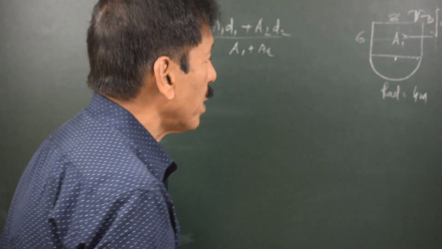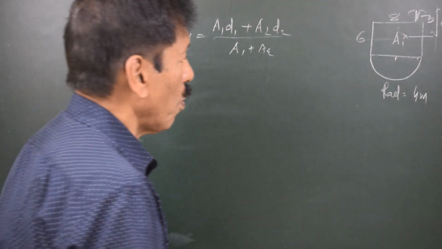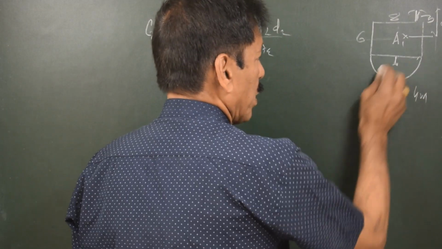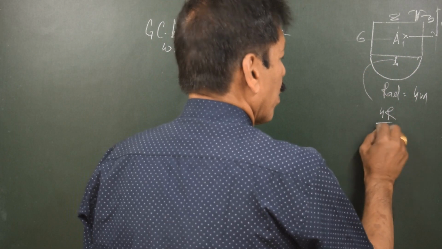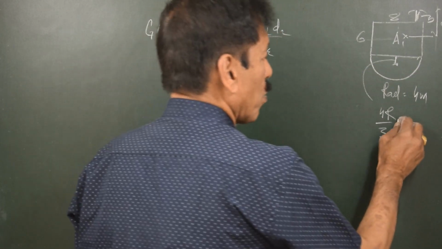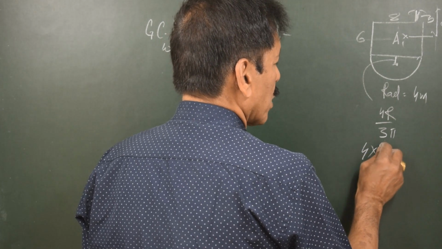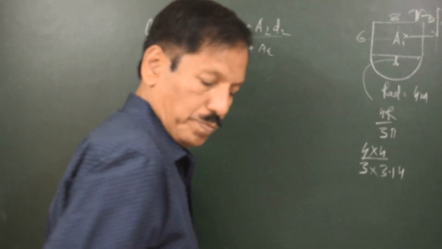We had discussed earlier the formula for the centroid of the semicircle from the diameter. This particular distance is 4r by 3 pi. So in this case it will be 4 into radius 4 divided by 3 into 3.14.